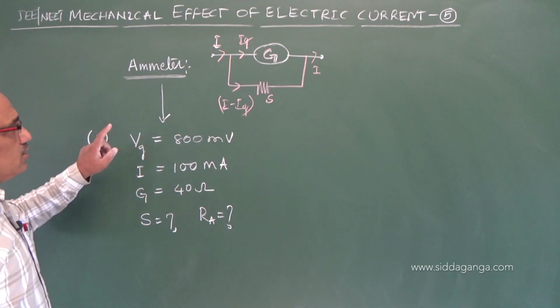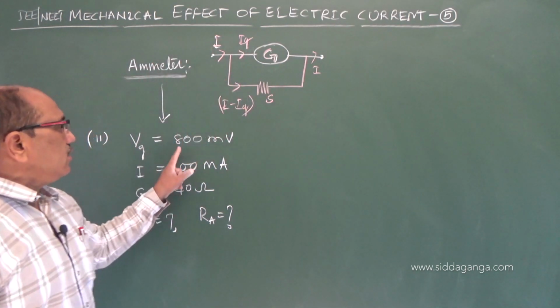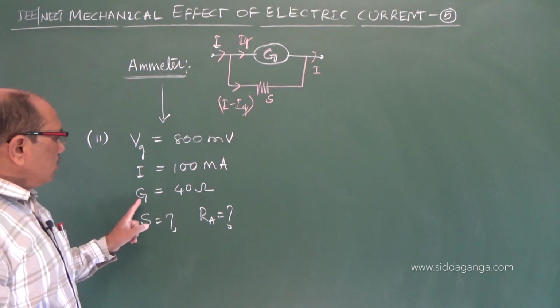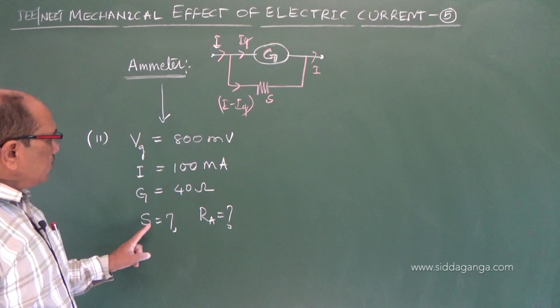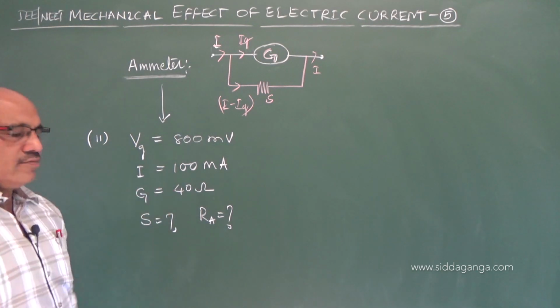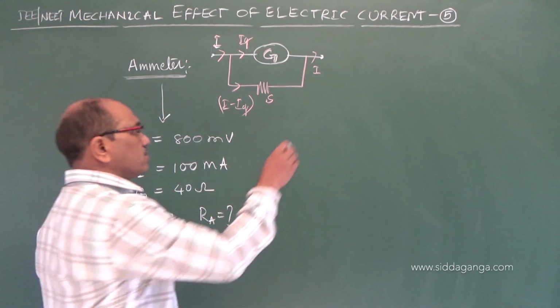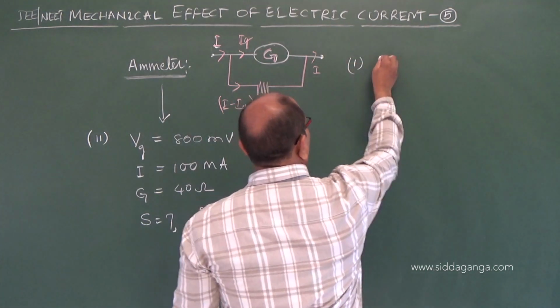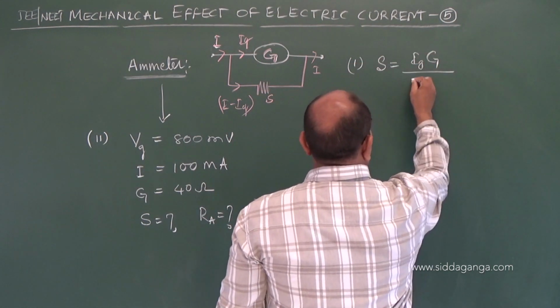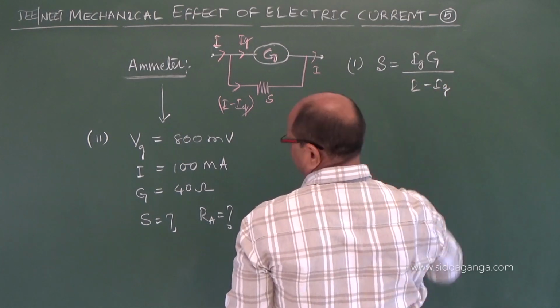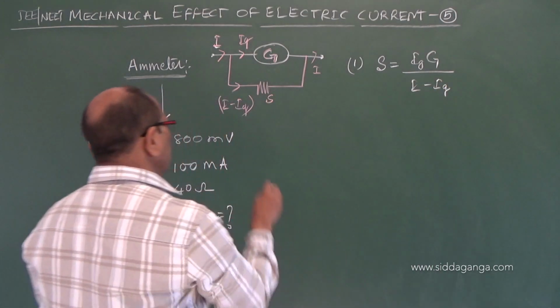Voltage maximum that is measurable by this galvanometer is 800 millivolt. Galvanometer resistance is 40 ohm. The question is on S and RA. Shunt resistance, if I go for that, S is Ig into G upon I minus Ig. I want Ig.